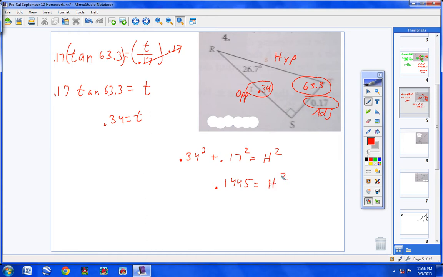And now take the square root of both sides, and you will get 0.38. I'm just going to stop there, I think. 0.38 equals h. So there we go. Okay? So we've solved another triangle.